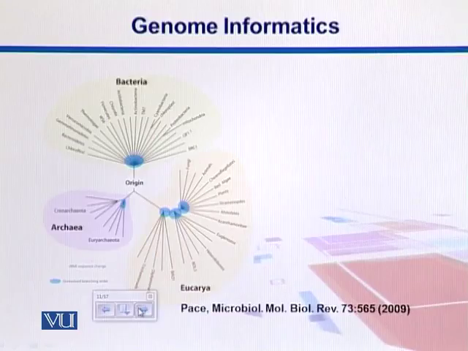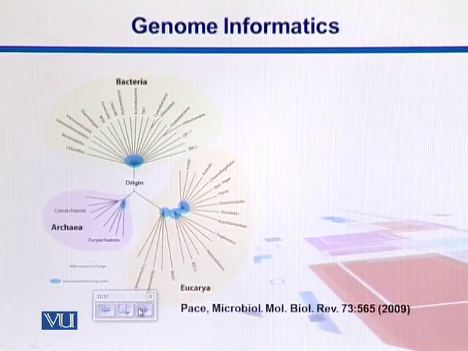In this diagram we see a universal tree of life that has been made with the help of the structures of the small ribosomal RNA unit. It divides all living organisms into three groups. We have bacteria at the top, and we have archaea. These are special organisms which live under harsh conditions. And then we have eukarya, which is obviously the biggest among all.